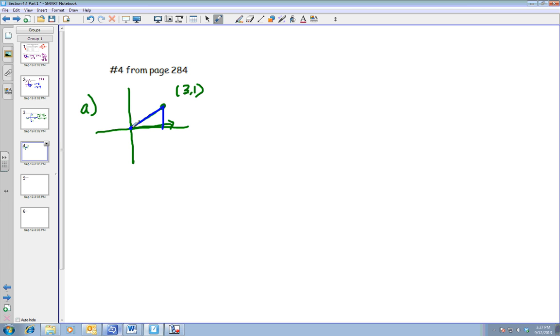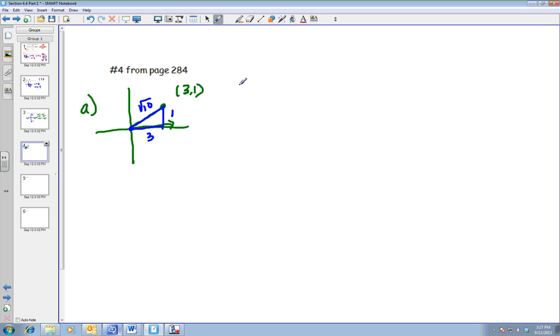Your point will always touch the center. So here's my nice little triangle. If this is the point (3, 1), that means I went to the right 3, up 1. Now I want to find this missing side. Using the Pythagorean Theorem, you should get square root of 10 as your r, or as your hypotenuse.